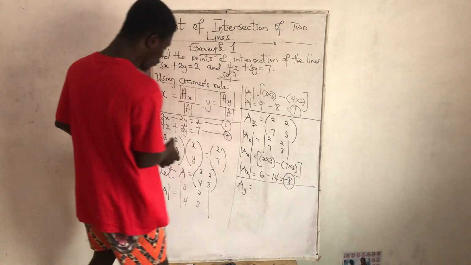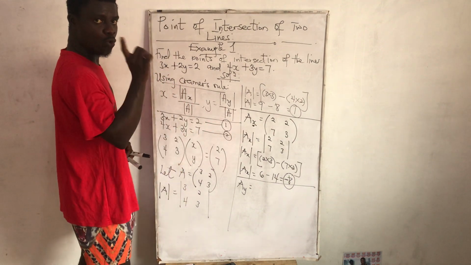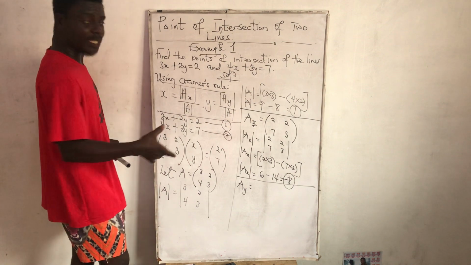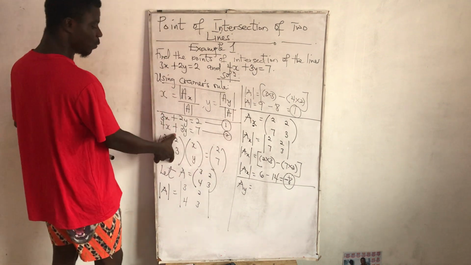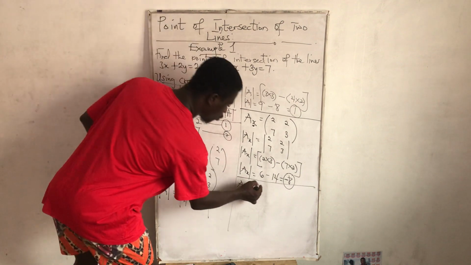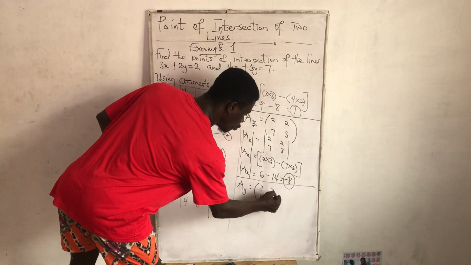Now, don't write 2, 7, then 2, 7. No. This is your original matrix A. Just take away this 2, 3, then substitute the 2, 7. So it will go 3, 4, then 2, 7.